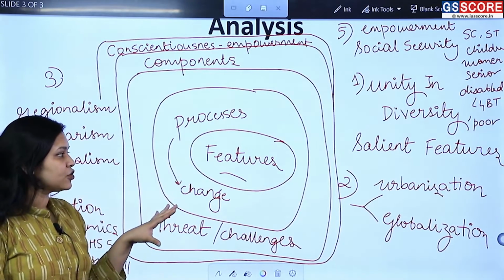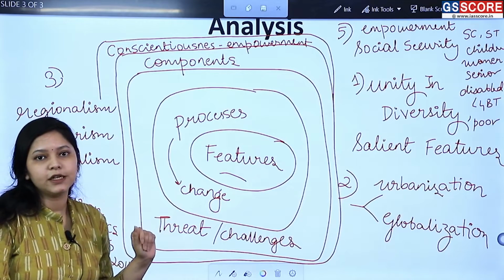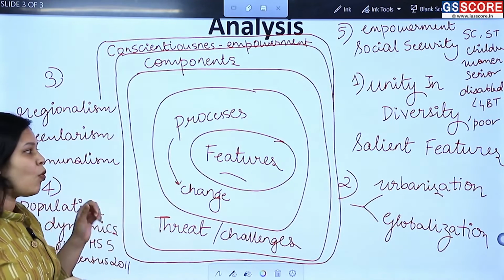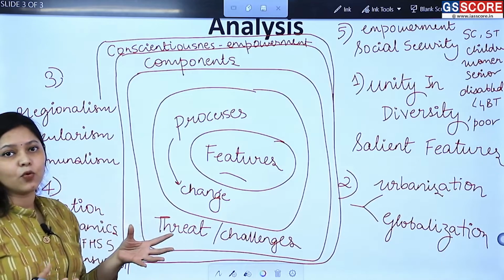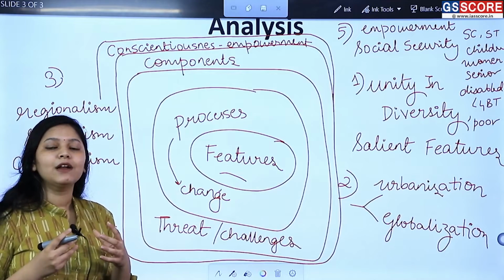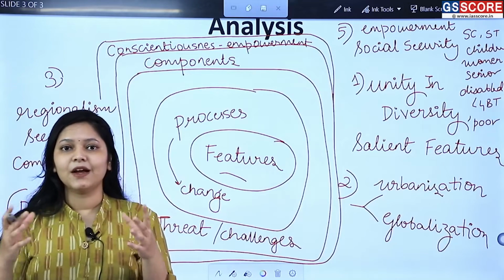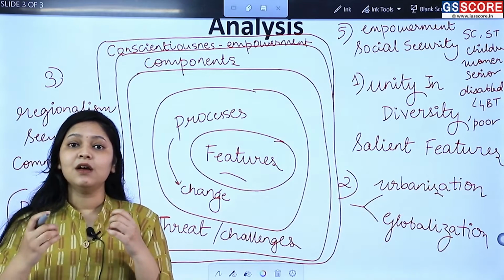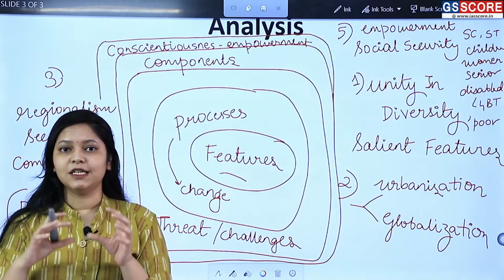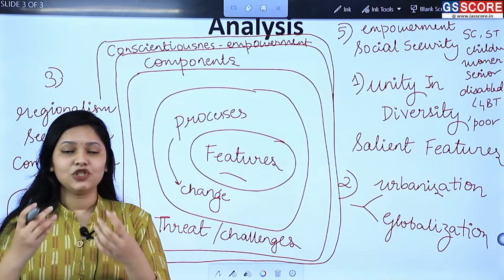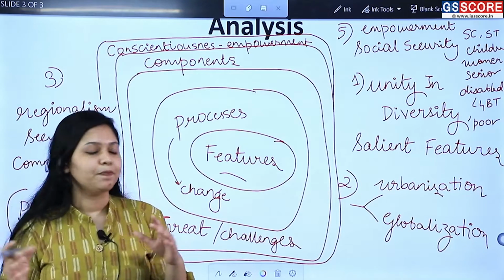In these many sections and in this kind of an interrelatedness, we can easily understand what the syllabus is demanding from you. The idea is to see that the Indian society is unique because of the features, but there are ways in which there has been a change in the character or disintegration of the society. There have been challenges. So how do we approach them?